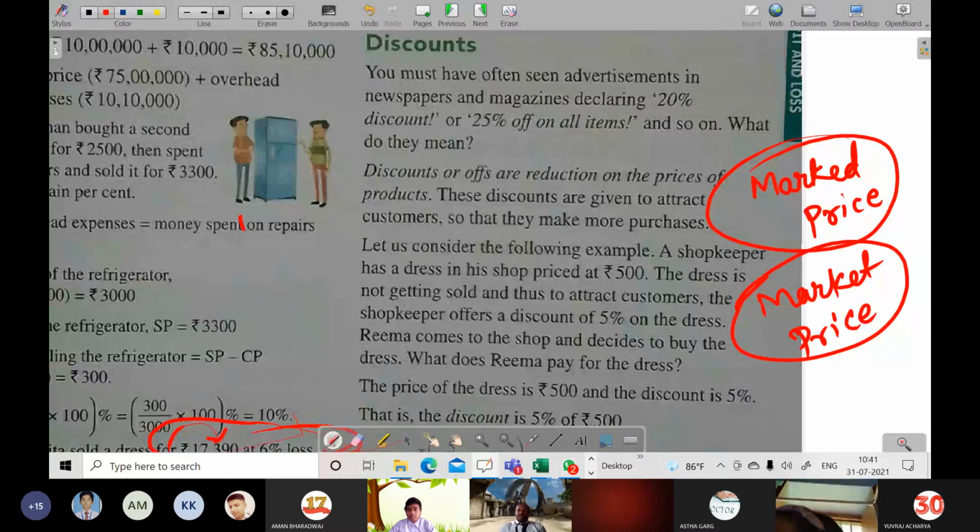Like if we buy a Horlicks bottle, what is written on it is its MP. Suppose it is written 520, so the marked price is 520. Now, if the person says that he will give a 5% discount, then on this price he will give 5% discount. So discount is always calculated on marked price, not on selling price. Selling price becomes after the discount.